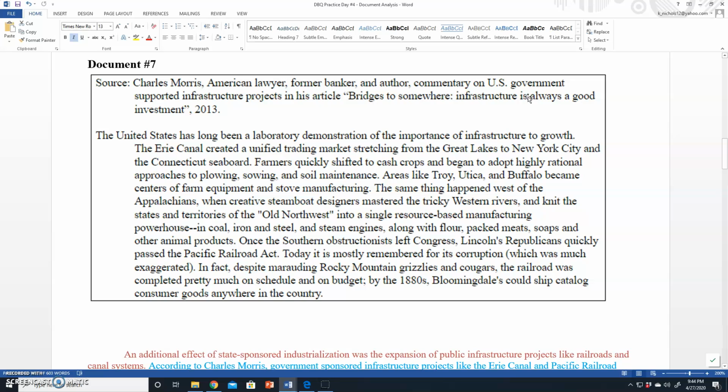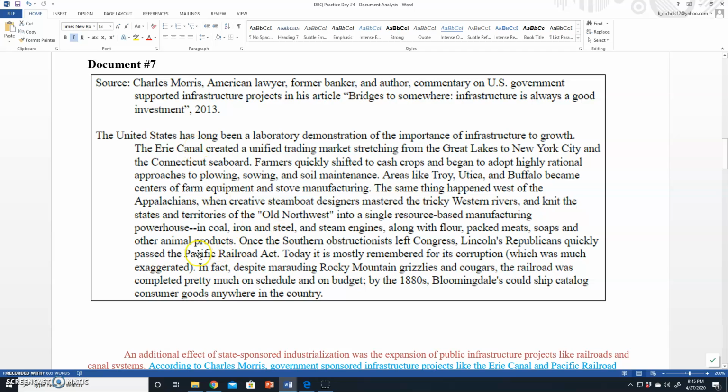Right away, I know this guy is probably being positive, and I automatically know his point of view is going to be positive towards infrastructure projects. And what kind of infrastructure projects? Government supported infrastructure projects. Now, sometimes these titles can be misleading, but yesterday we read that this guy likes the Erie Canal. Talks up the benefits of it.